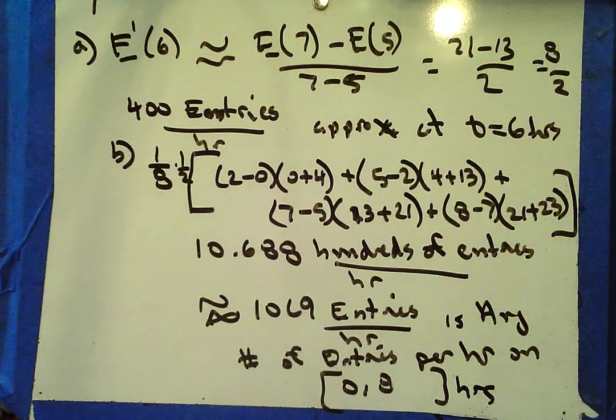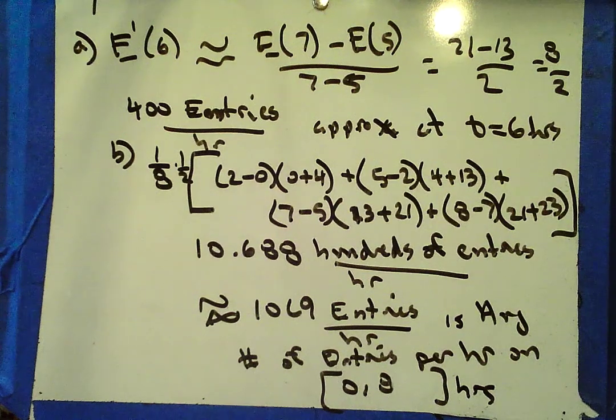Part C. At 8 p.m., volunteers begin to process the entries. They process the entries at a rate modeled by P. Okay, that's another rate function, so I'm going to be integrating that to get the total number of entries from 8 to 12. So that's midnight.